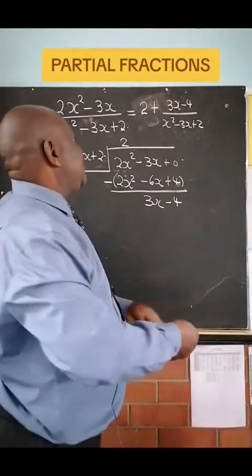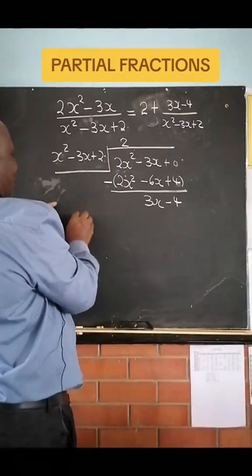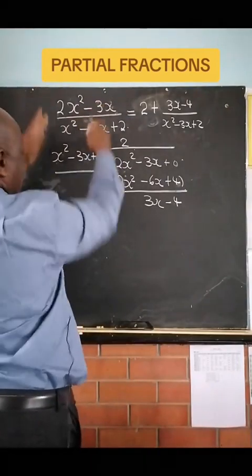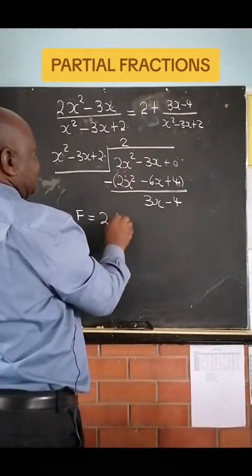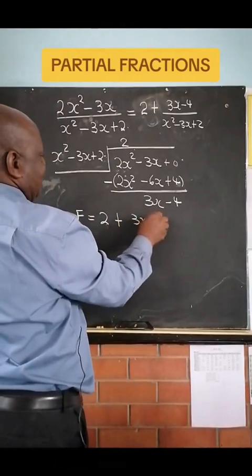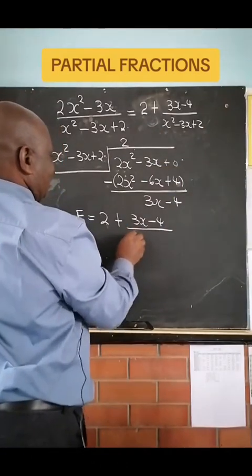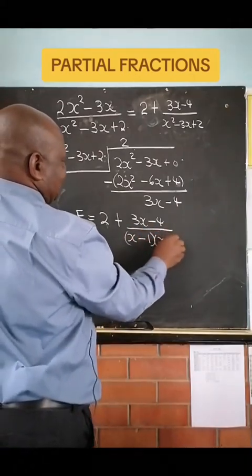then we express that into partial fractions. So this entire fraction, which I may call f for reference purposes, I don't want to rewrite that. The fraction is equal to 2 plus 3x minus 4 over, if I factorize this, I will have x minus 1 brackets x minus 2.